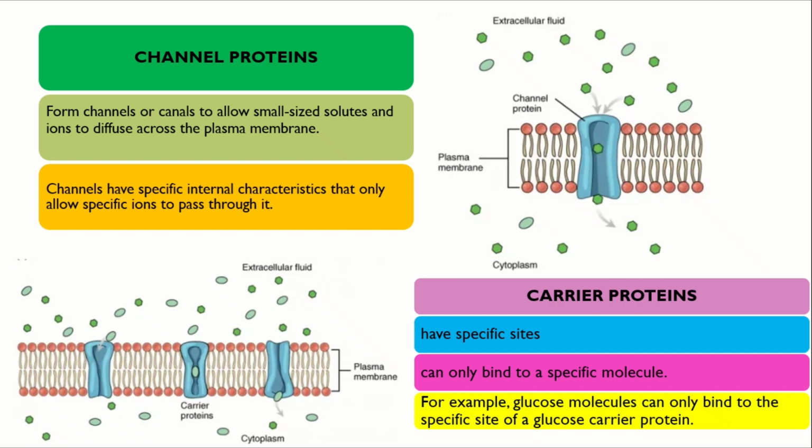The channel has specific internal characteristics that only allow specific ions to pass through. Meanwhile, the carrier protein has a specific site that can only bind to a specific molecule. For example, glucose can only bind to the specific site of a glucose carrier protein.